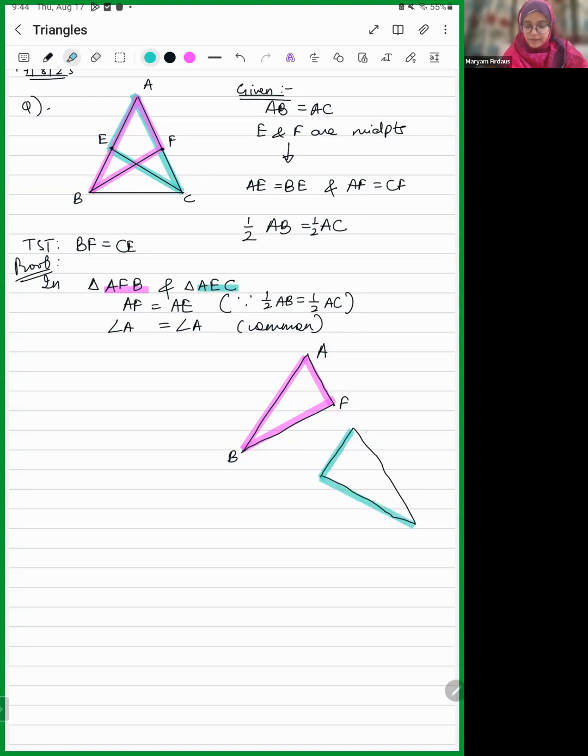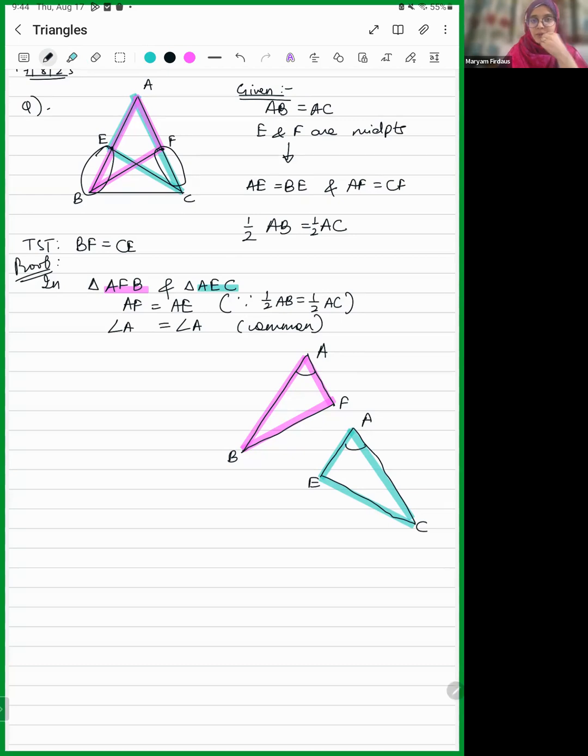Avni, is it clear? Yes, ma'am. If angle A is equal to angle A, then BE is opposite to FC, right? BE, this one is opposite to FC. So you are saying opposite sides of equal angles, is that what you're saying?